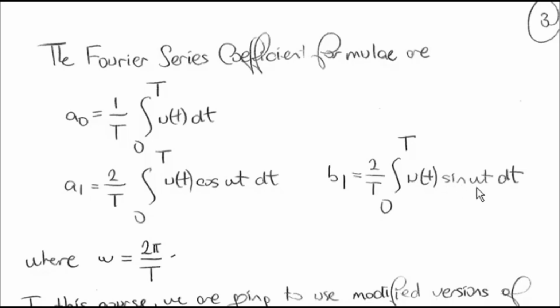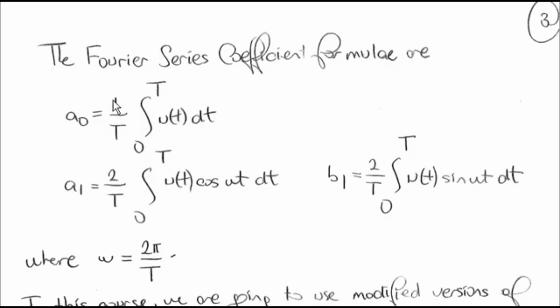we have a sine. So these are like inner products of U of t with the function cosine, inner product of U of t with the function sine, and inner product of U of t with the function 1 here. So you have to be careful here because there is a scaling difference. The difference is caused by the energy of the function 1 being in general twice the energy of the function cosine or function sine.